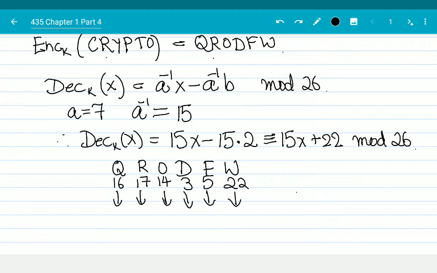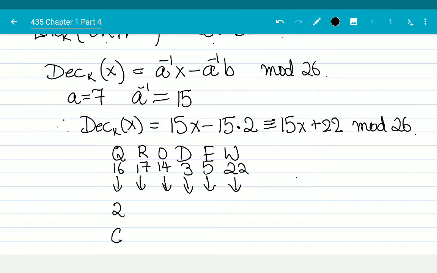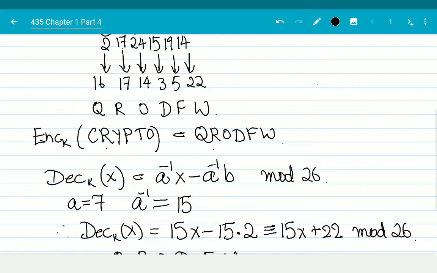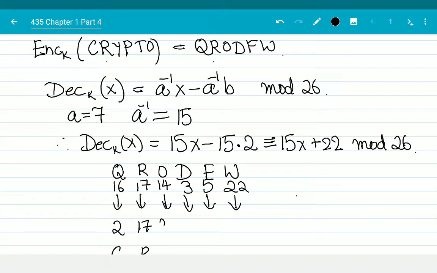Let's see where Q goes. 15 times 16 plus 22 is 262, which modulo 26 is exactly 2, and that is going to go to C. R is 17 times 15 plus 22, which when subtracting 260 gives me 17, and so this is going to be R. You can see that all of them hold up, and so this is going to get mapped to 2, 17, 24, 15, 19, 14, if you trust me.